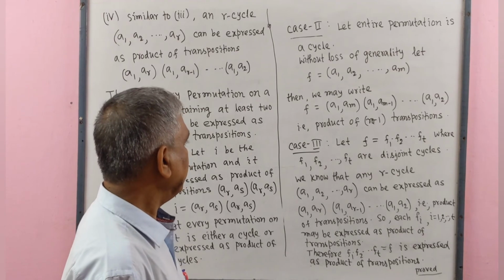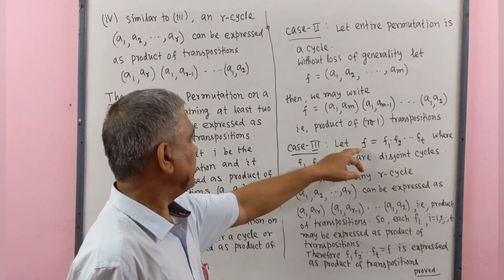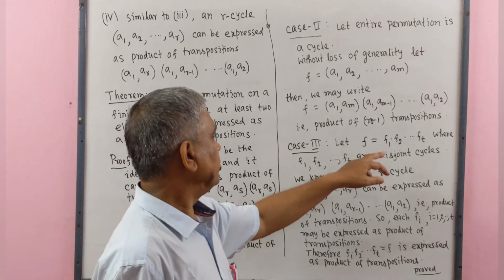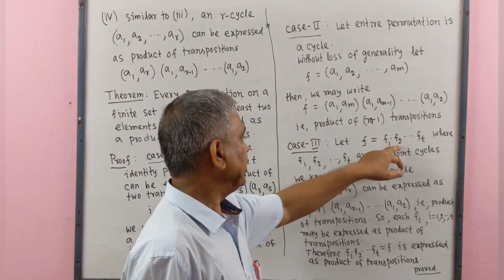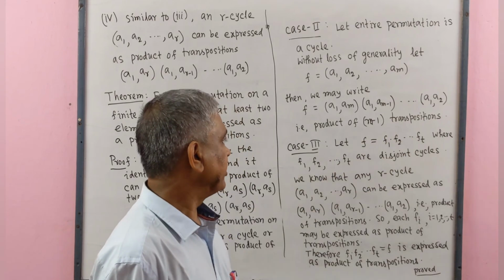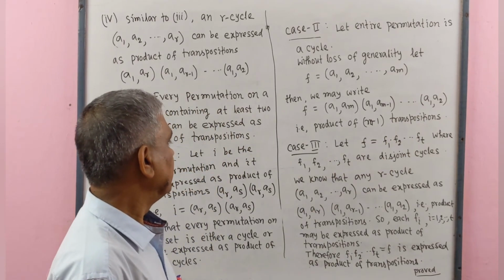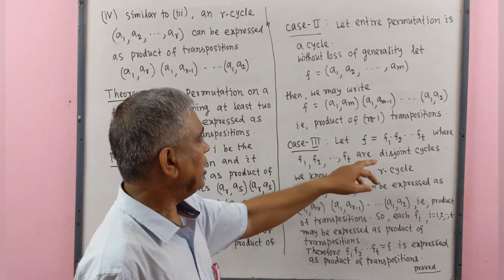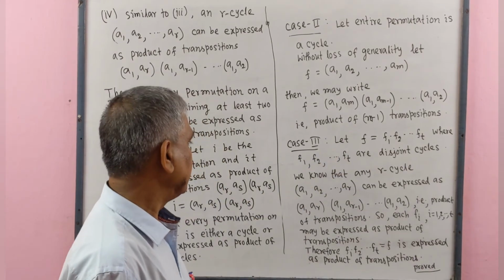In case 3, the permutation F is expressed as product of disjoint cycles F1, F2, ..., Ft. Here F1, F2, ..., Ft all are disjoint cycles.